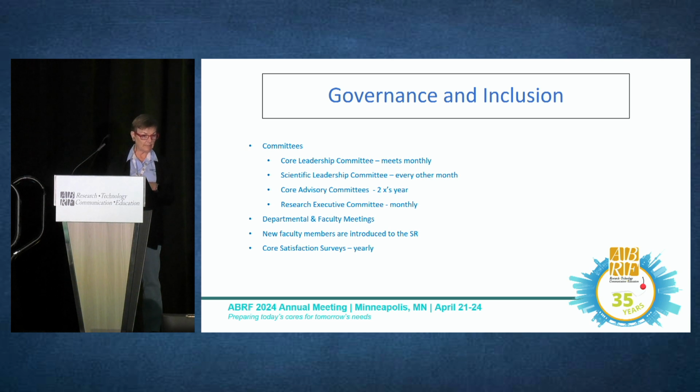Our research executive committee, they meet monthly, and again, they make a lot of the decisions about the decisions. If we decide that, okay, we want to buy this $800,000 mass spectrometer because we have a new faculty member coming that specializes in metabolomics, and we don't quite have that spectrometer, they're going to say, yes, we want to commit that amount of money to make that purchase.